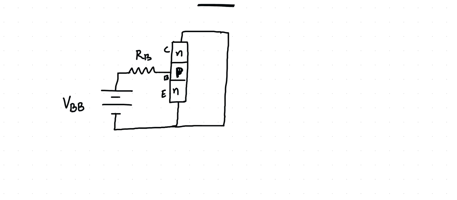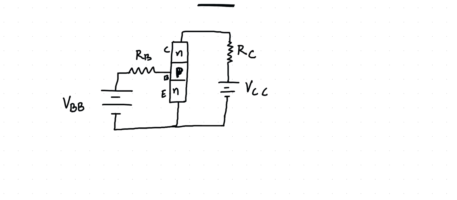In between I can put a resistor, and then the voltage across the collector and emitter. Let us connect this and write it as VCC, and the resistance here is RC.